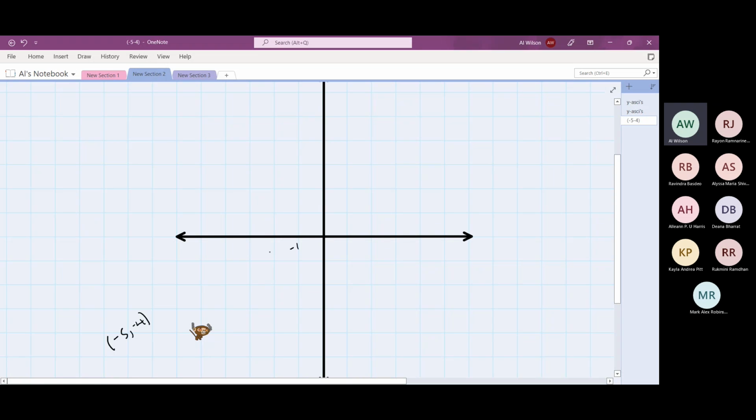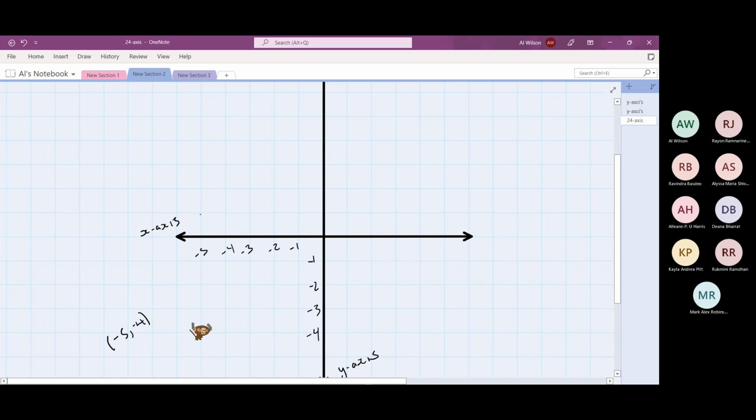So this is -1, -2, -3, -4, -5. Remember this is our x axis, and at the bottom here we have our y axis. So then we'd have -1, -2, -3, -4.